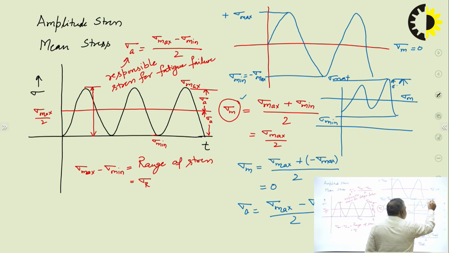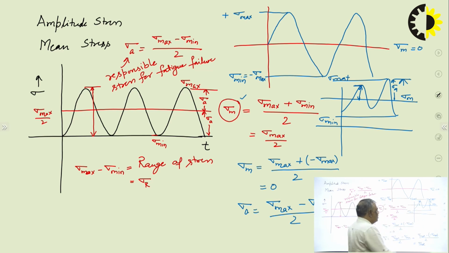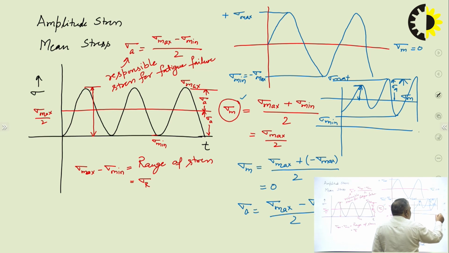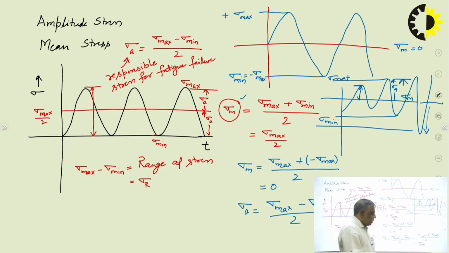This is sigma a, the amplitude on the positive side. Similarly, from here, this is sigma a, right? So we have discussed the various types of fluctuating stresses and the various terminologies we use.